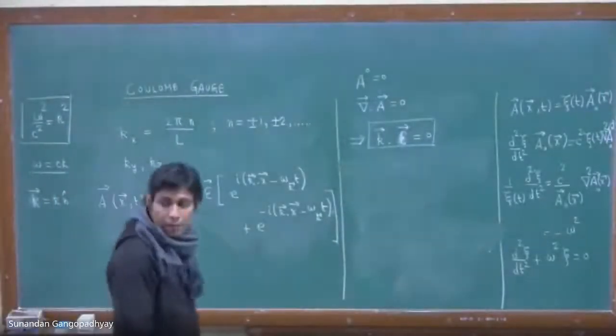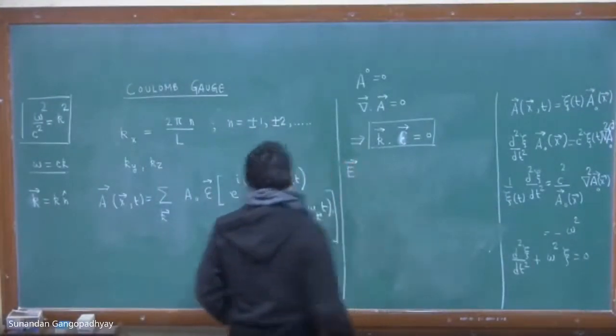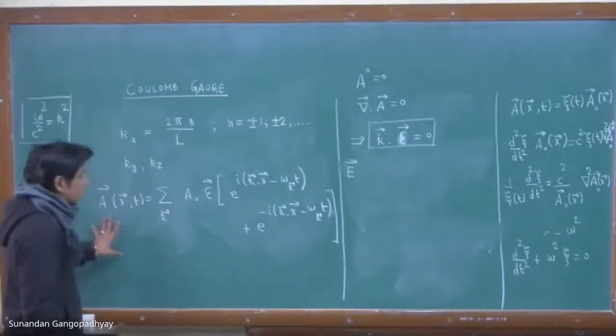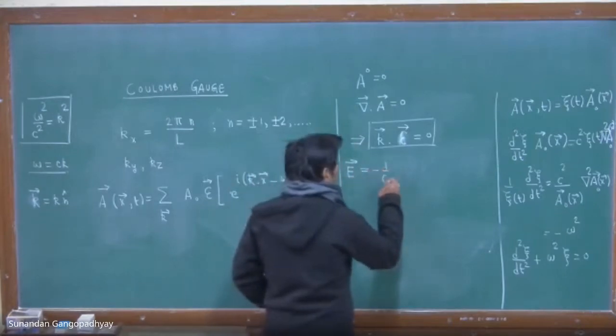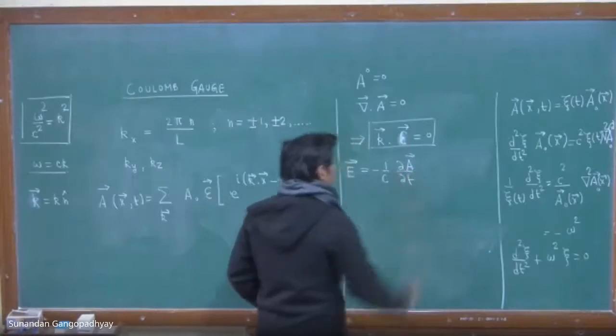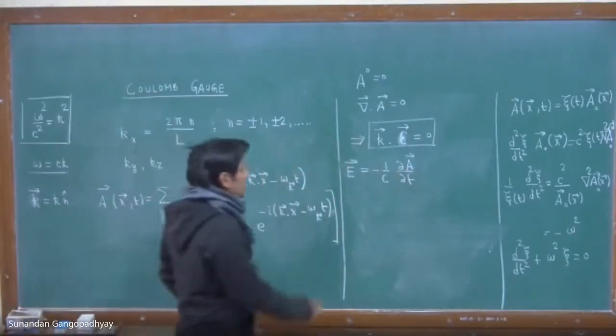Once we have the expression for the A vector, what will be the E vector? The E vector is minus 1 by c del A del t, so we just need to take a time derivative of this equation.